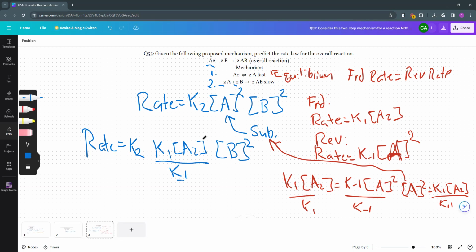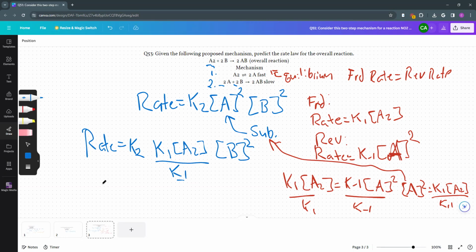And then we ask, do I have any intermediates? Well, we have A2, that's a reactant, so that's fine. We have B squared, we have B rather, you can ignore the square, and we see in our overall reaction, we have B. So we're fine, we're good to go. What I'm going to do though, is make this a little cleaner.